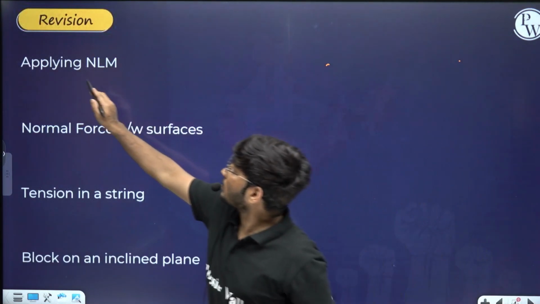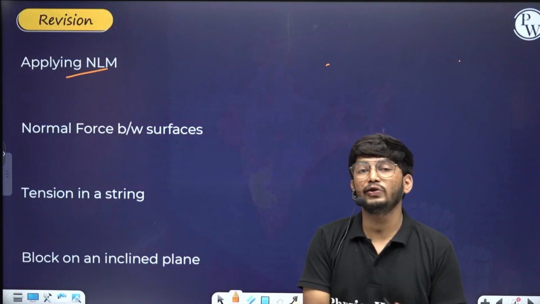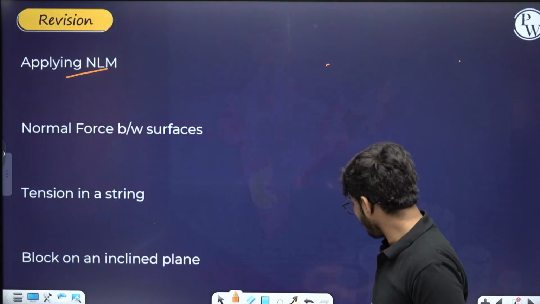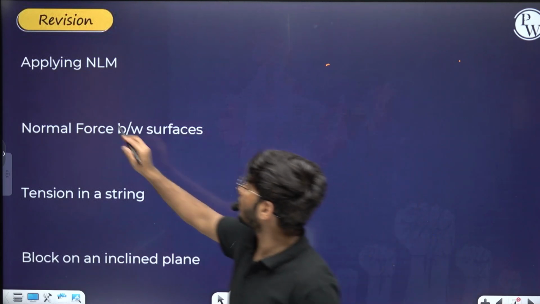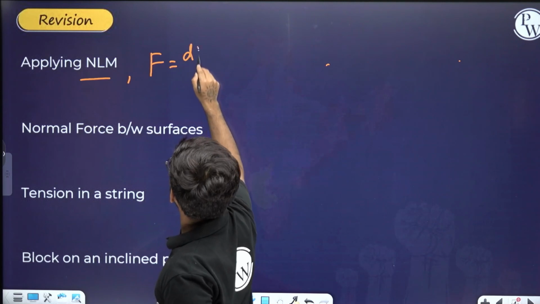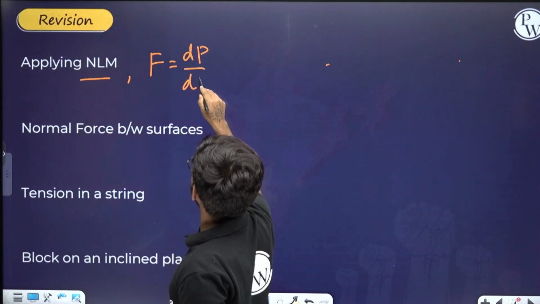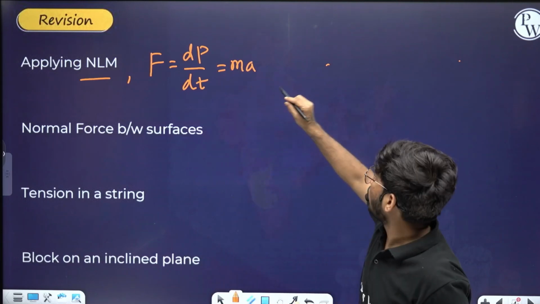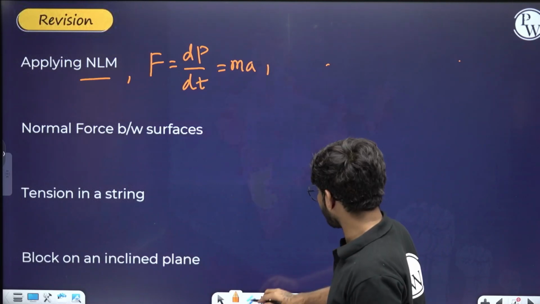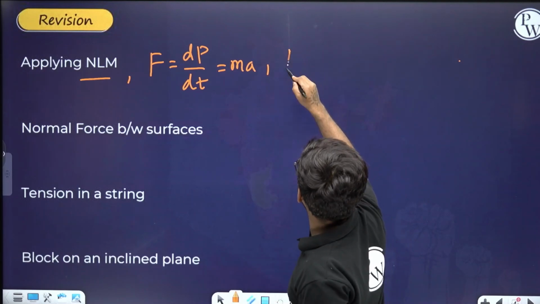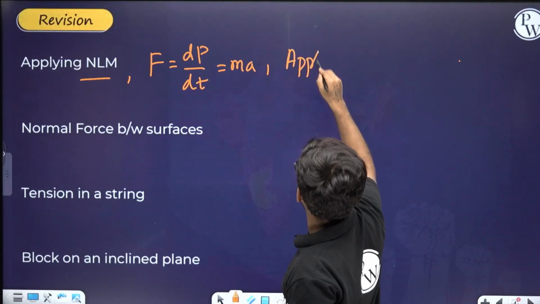So last class we applied Newton's laws of motion, mainly Newton's second law of motion, to get the value of acceleration, right? What did we do? We said F is equal to dp by dt, or F is equal to ma. We applied this separately along x and y direction.